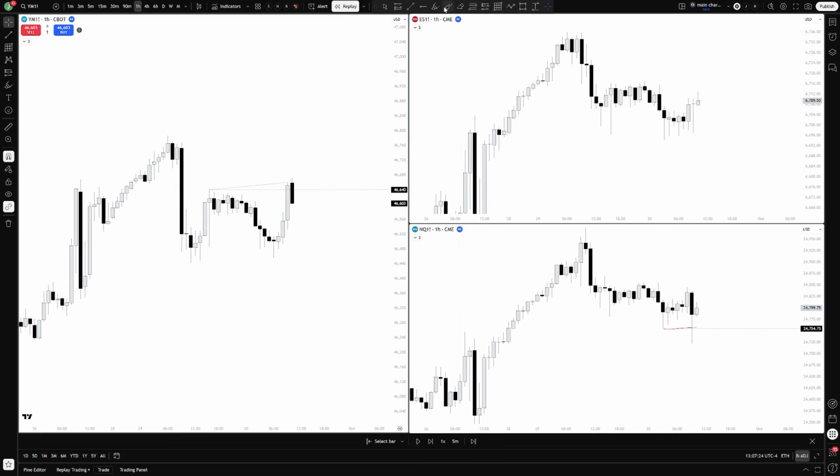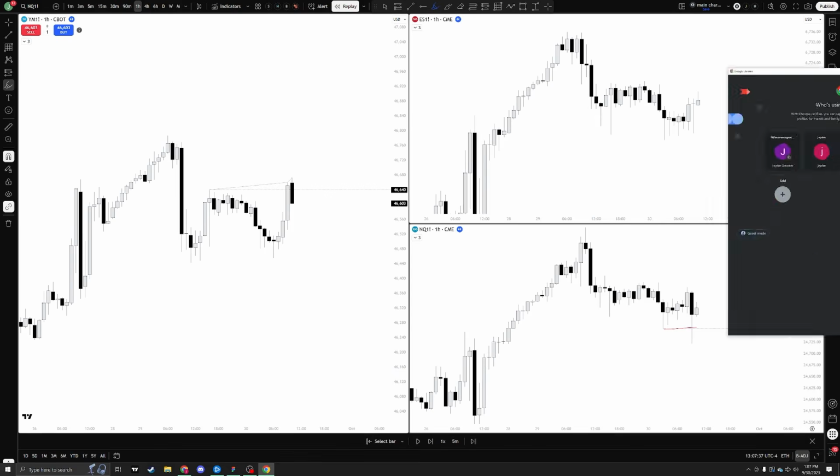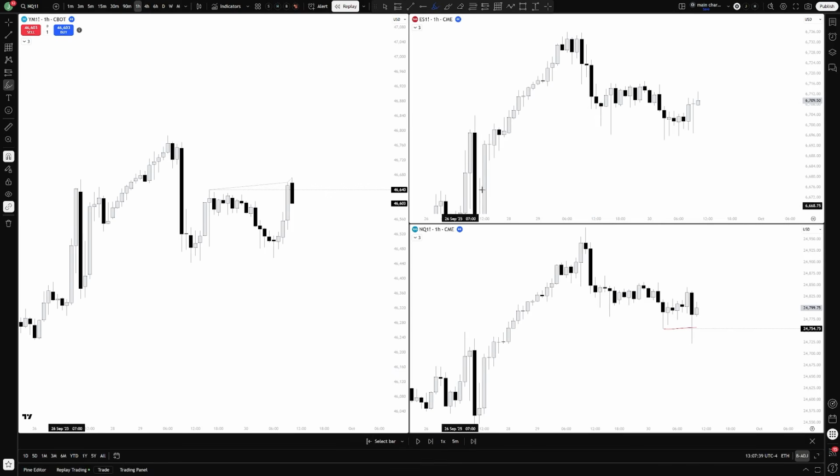What do we see? We have that two-stage SMT now. YM starts to reverse. And what does NQ start to do? It starts to lag. Now, if you refer to the tweet I made yesterday, which kind of explained a little bit how the leading asset now turns to the lagging, right?